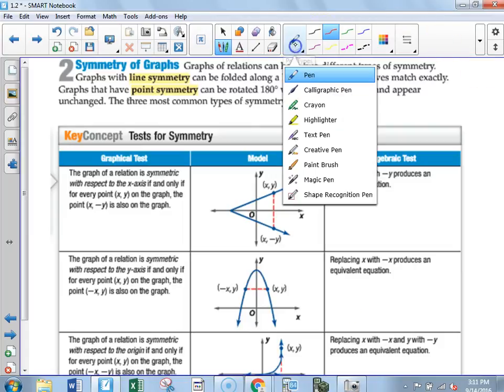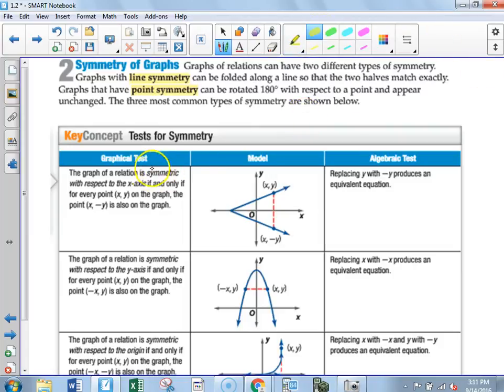So this has line symmetry, means you can fold it along a line. The line symmetry we're going to talk about today is with respect to the x-axis or with respect to the y-axis. Okay? Now you can fold something along the x-axis and the top will match up to the bottom.